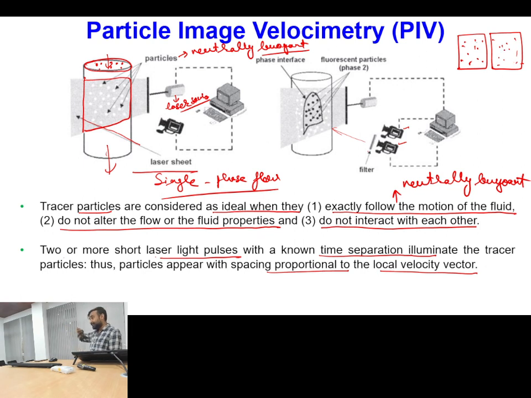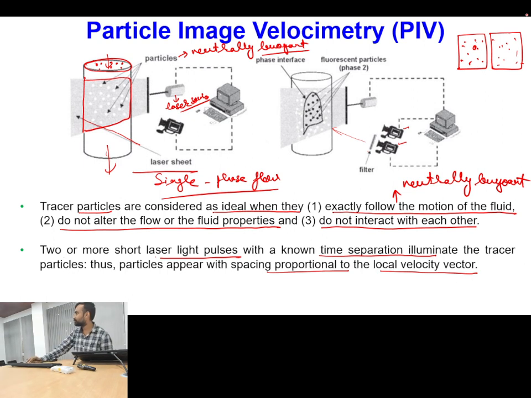If you can trace these new locations, and you already know the time interval, then you can calculate the values of velocities. But now you will find that if you have so many particles, how do you identify which particle has gone where? For example, this particle can go to any of these locations. So that is something we have to see, how it is done.